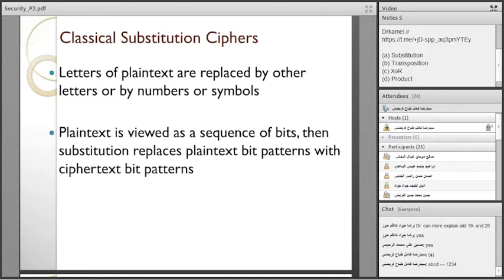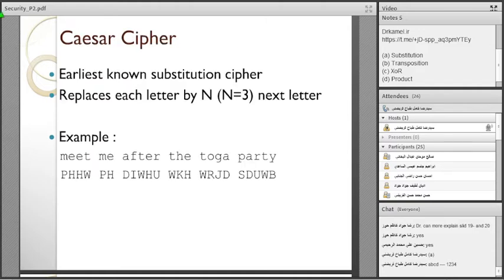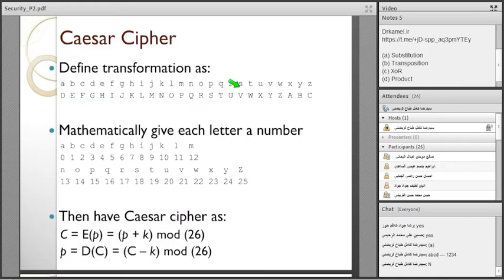As an example of substitution encryption, we talked about the Caesar cipher method. In the Caesar cipher, we use one number, n, to replace each letter with the letter whose location in the alphabetic order is n places after or n places before the specific letter.